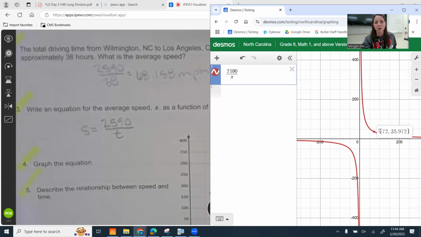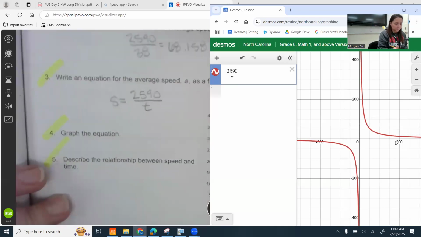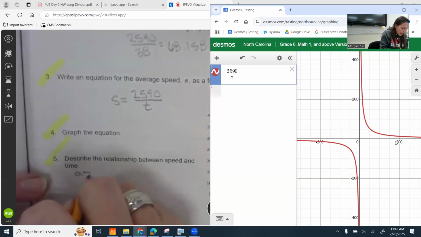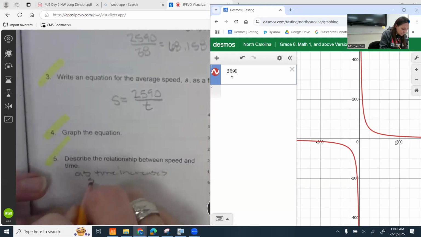But as I keep going, I can see this. If I end up going 65 hours, I'm driving at a speed of 39.846. As my hours go up, let's describe the relationship. As time increases, speed decreases.